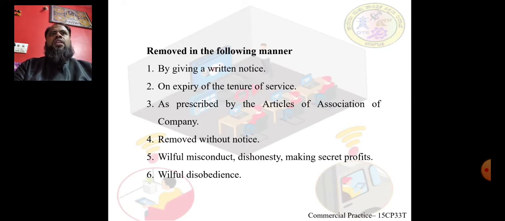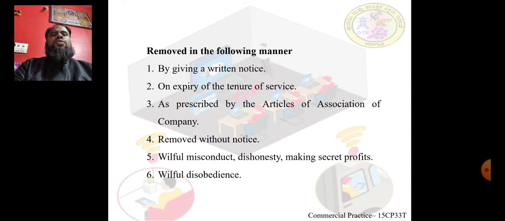The situations are willful misconduct, dishonesty, making of secret profits, willful disobedience to the order of the manager, negligence of the duty, permanent disability or incompetence, insanity, insolvency or bankruptcy of a company secretary, and winding up of the company.